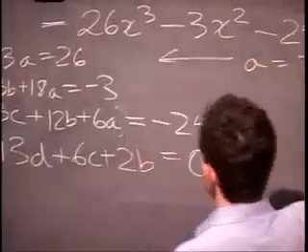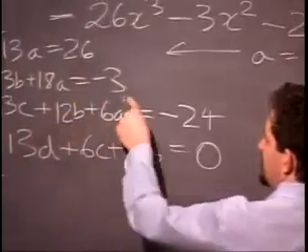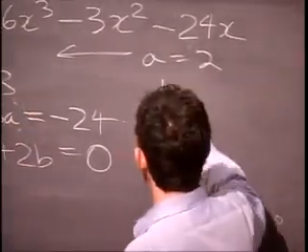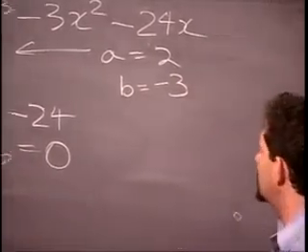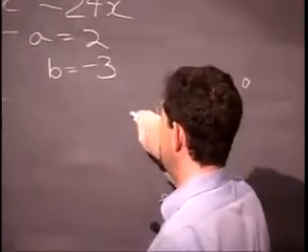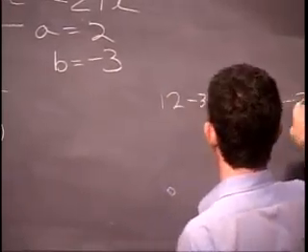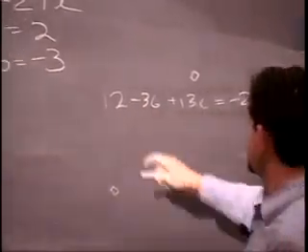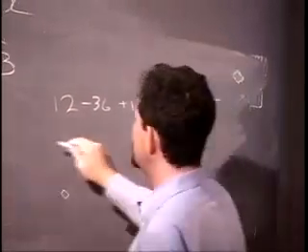a equals 2 from the first one. And then you get 13b is negative 39, so you find that b is negative 3. Plug this in, and you get, what do you get? 6a is 12, 12b is minus 36, plus 13c is minus 24. And so you find 12 minus 36 is actually negative 24. So I believe c equals 0.